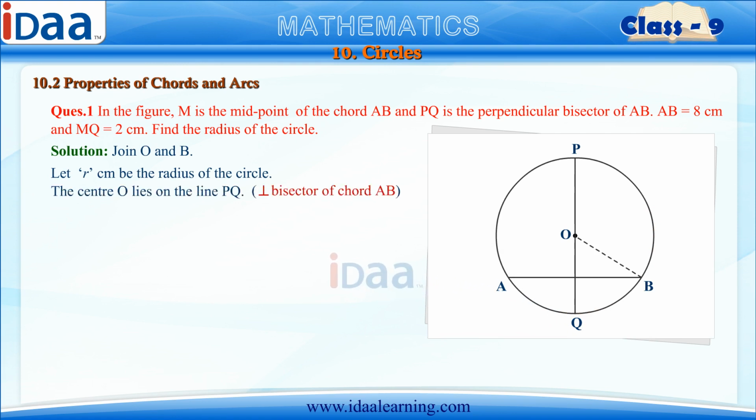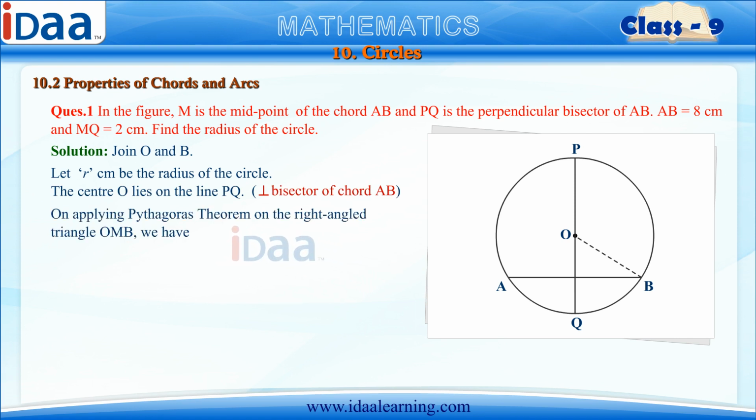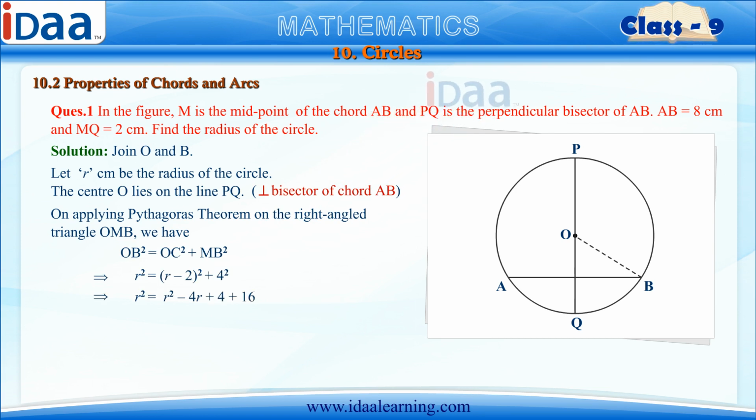The center O lies on the line PQ. On applying Pythagoras theorem on the right-angled triangle OMB, we have the radius of the circle is 5 centimeters.